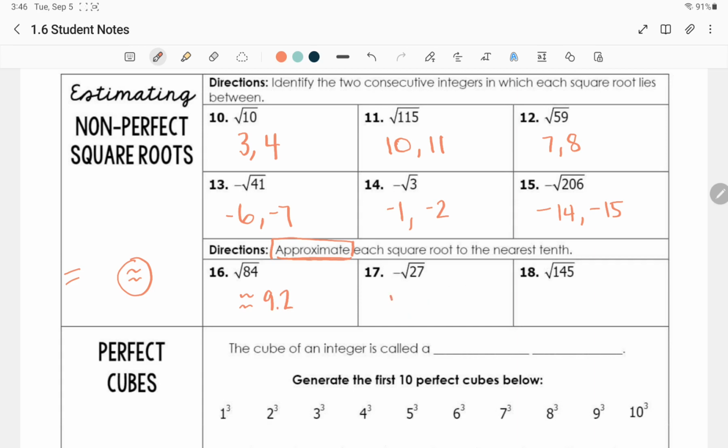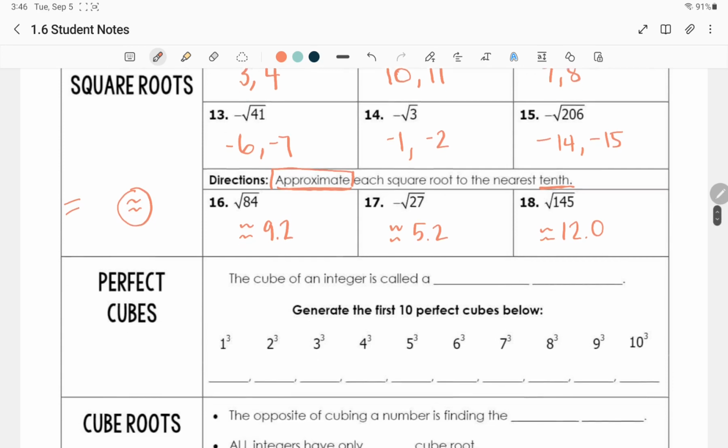You'll get about, and I'm rounding, 5.2. You're rounding to the nearest tenth. Tenth would be the number right after the decimal. And 145 would be about 12.0. All right. Next one.